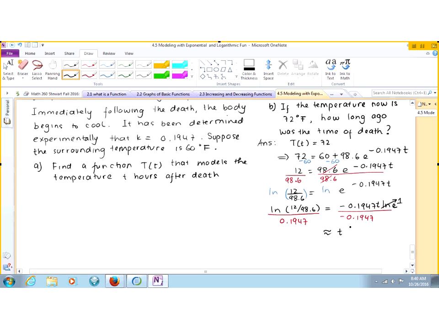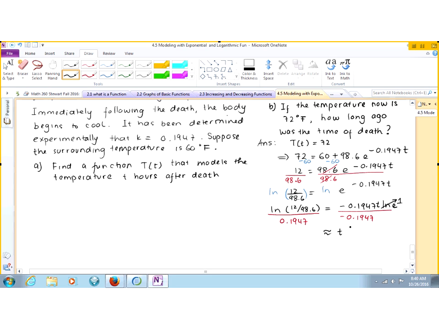Let me use my calculator: ln of 12 divided by 98.6, divided by 0.1947. Is it negative? Hold on.